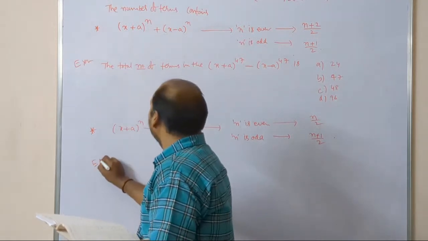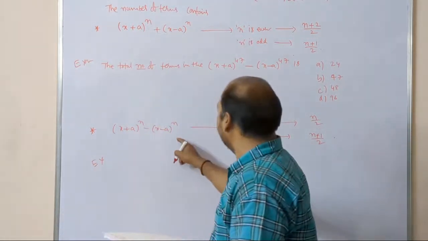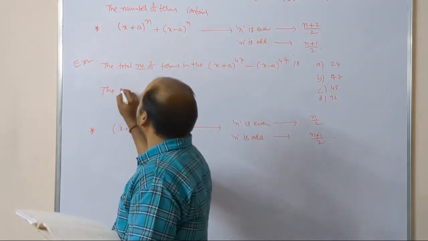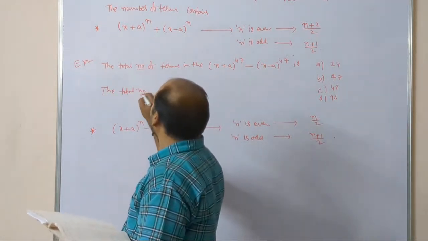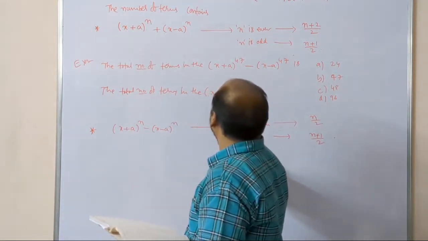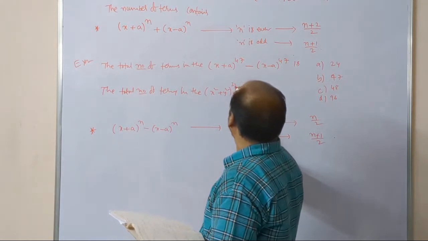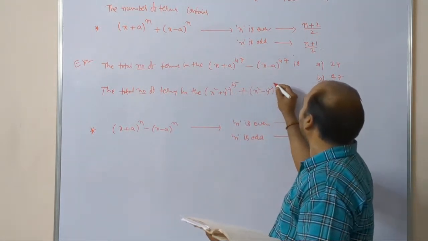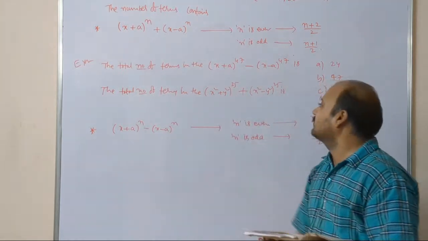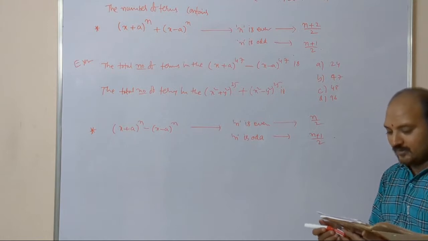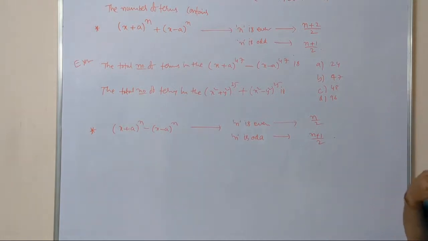One more example. Actually, this is the example for this one, minus 1. The total number of terms in the expansion x square plus y square whole power 25 plus x square minus y square whole power 25 is. I'm not writing options. Why? Because this is my own question. Just wrote it based on that.